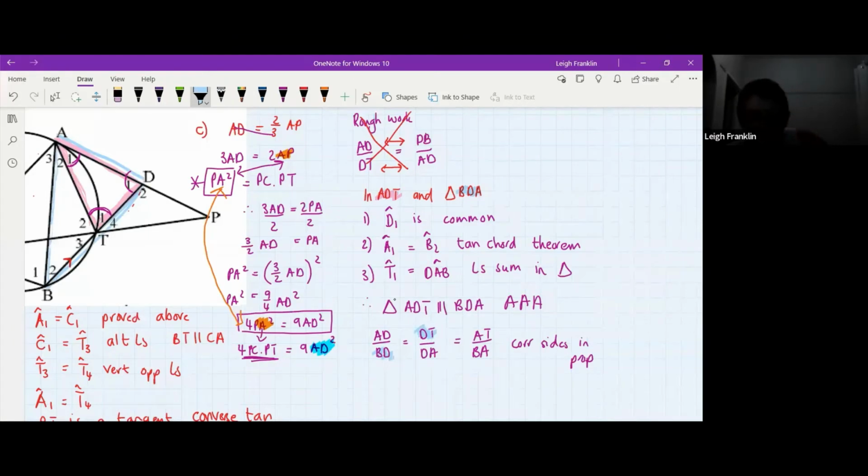And we wanted DA squared. Oh, beautiful. See, look how nicely this is working out. And here's our AD squared. There we go, AD and DA over there. All right, so now that we can see that, I've cross-multiplied, I'm working with these two over here, so AD squared is equal to DT times DB.